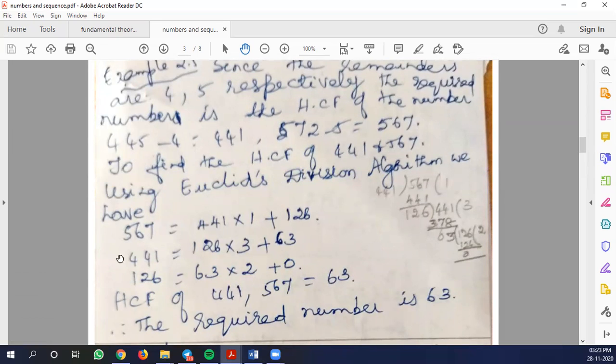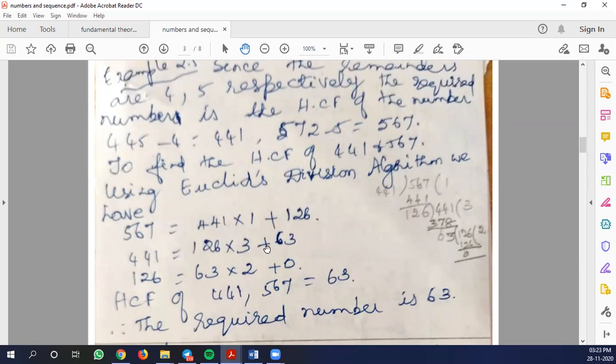Divide 567 by 441. How many times? One time. What is the remainder? 126. Now you have to take this divisor 441 and divide it by the remainder 126. How many times? 3 times. If you multiply, you'll get 378.